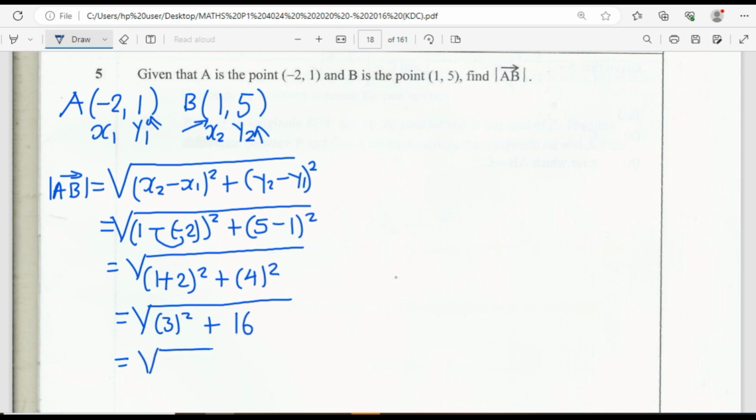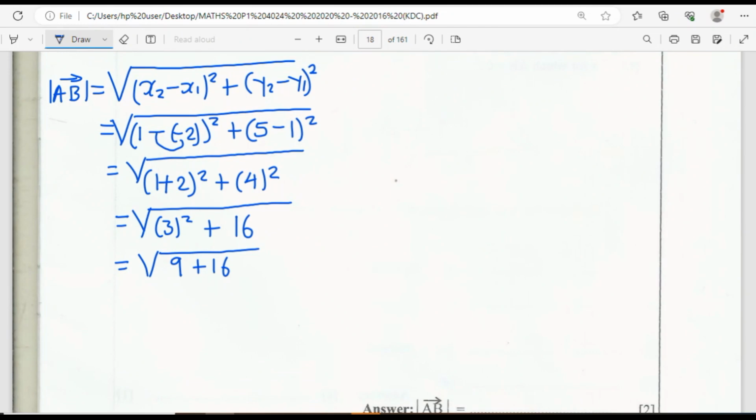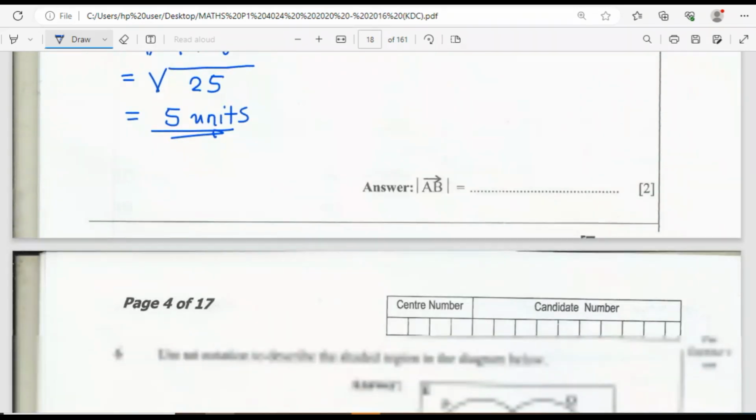We can also square the first number: 3 squared is 9 plus 16. Then what do you do? We are going to add. So 9 plus 16 will give us 25. Then here we just have to find the square root of 25. Since it's a distance, you just have to write units since you are not given the dimensions in general. So this is what you do if you are solving for magnitude given pairs of coordinates.